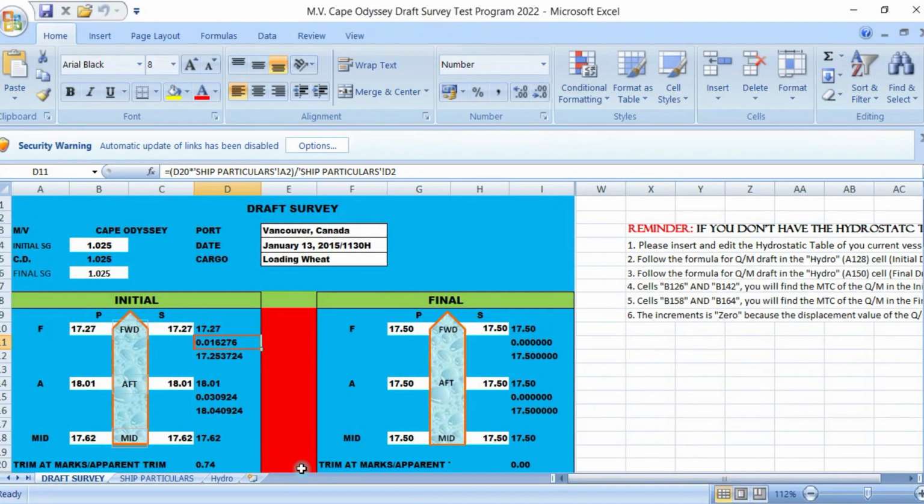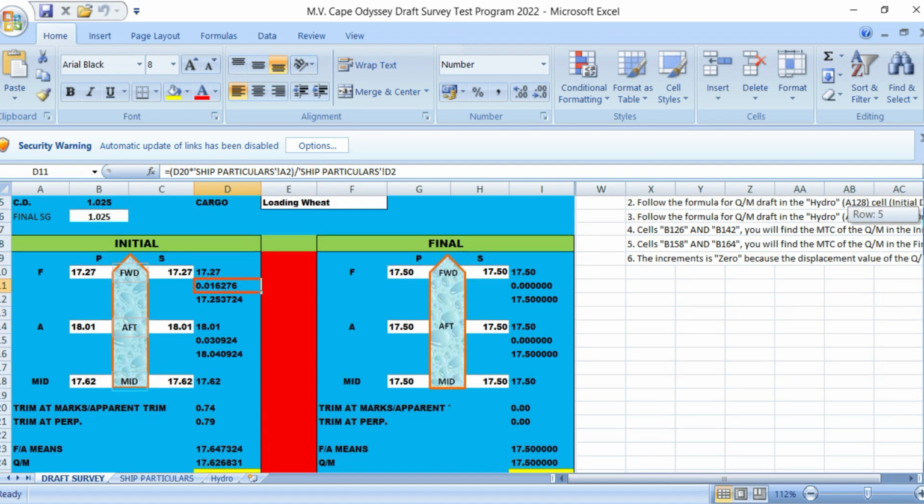This one is a draft survey I made in Vancouver, Canada, somewhere around January 2015, at loading.